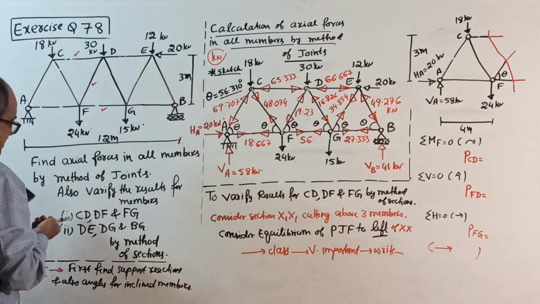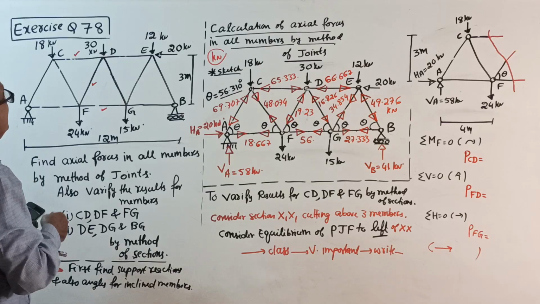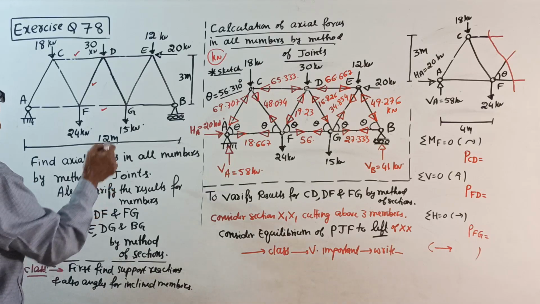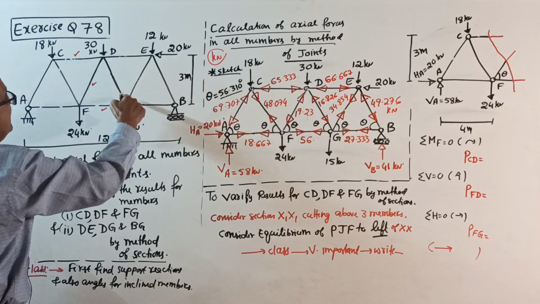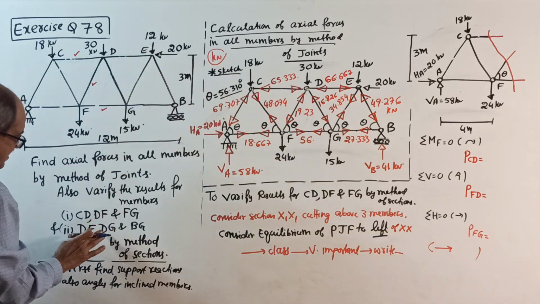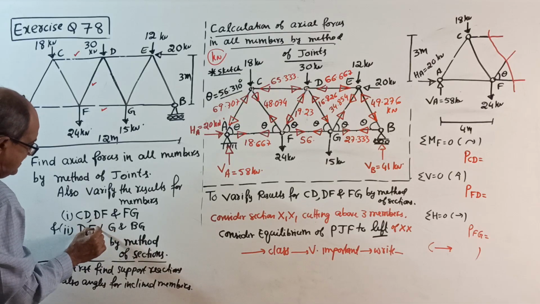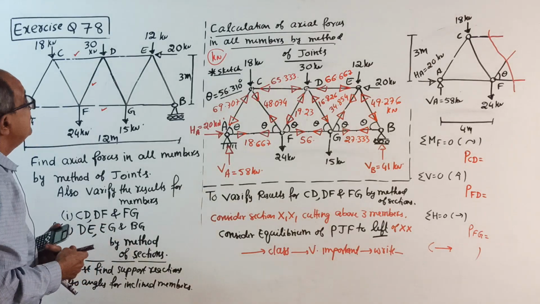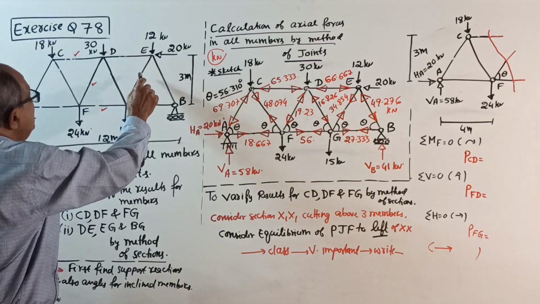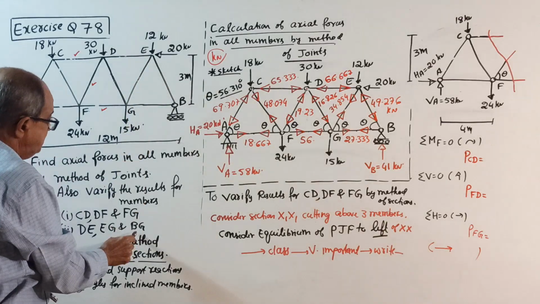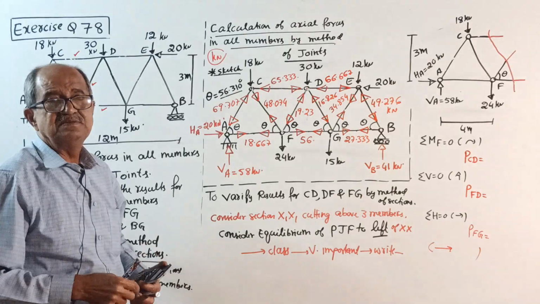DE, it is not DG, sorry. DE, then GE, EG. It is EG. Okay. Change the question. EG, DE, EG and GB, BG by method of sections.